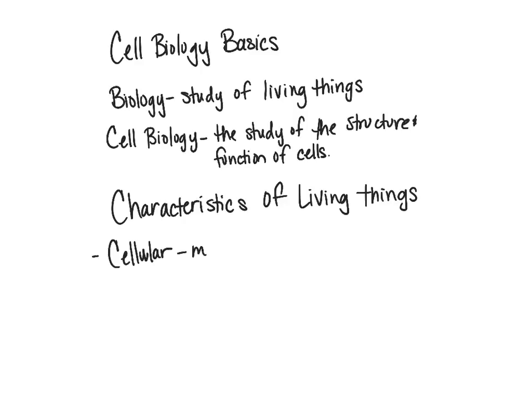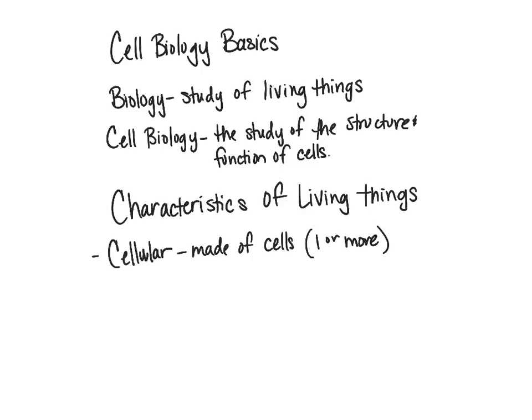That is, they are made up of cells. When we talk about any living thing, we're talking about things like bacteria, people or humans, trees, algae, other animals, dogs, cats, whales. They're all made up of one or more cells.